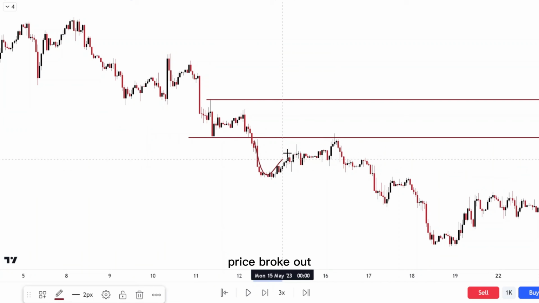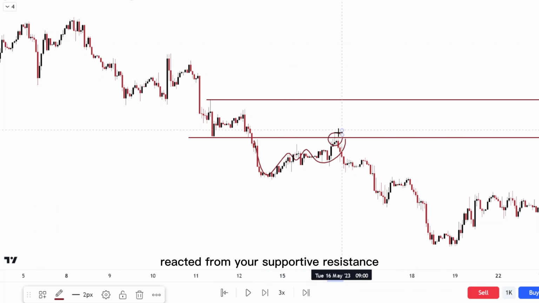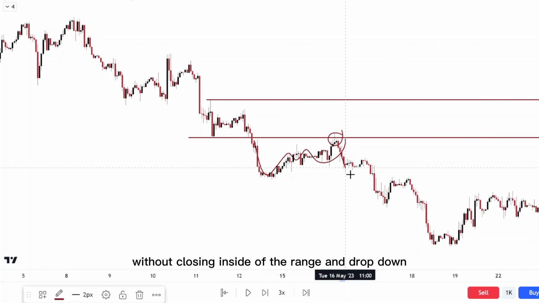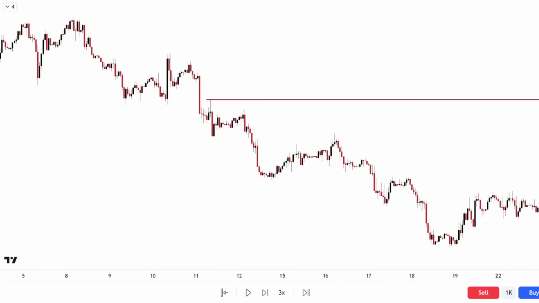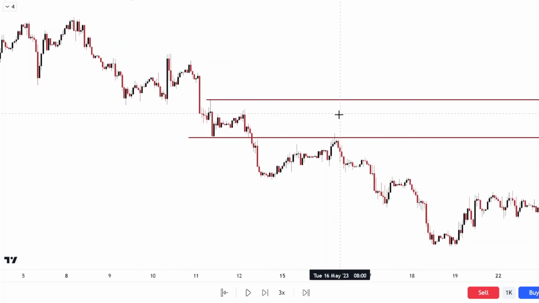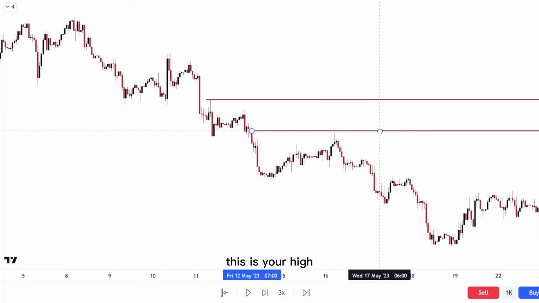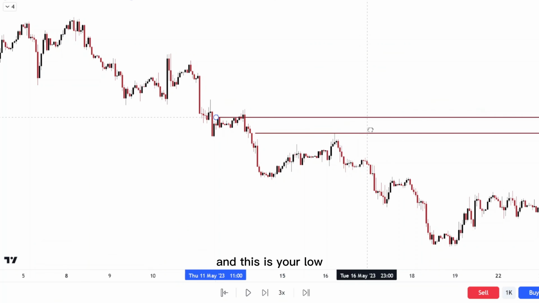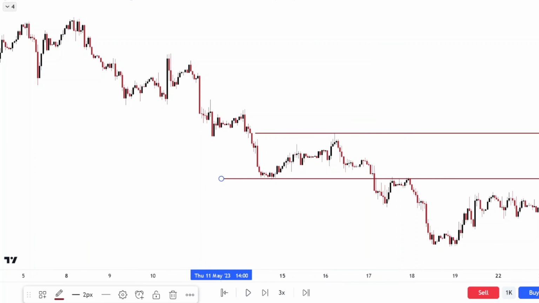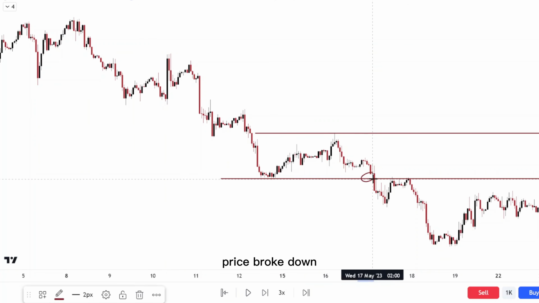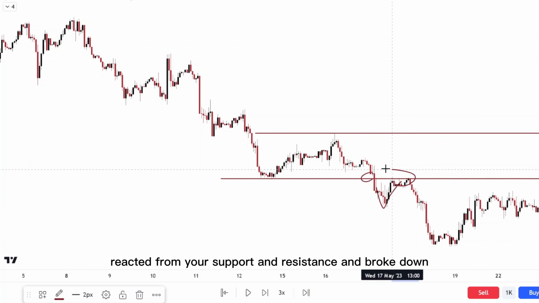Price broke out, reacted from your support and resistance without closing inside of the range, and dropped down. What happened next? This is your high, and this is your low. Price broke down, reacted from your support and resistance, and broke down, and so on.